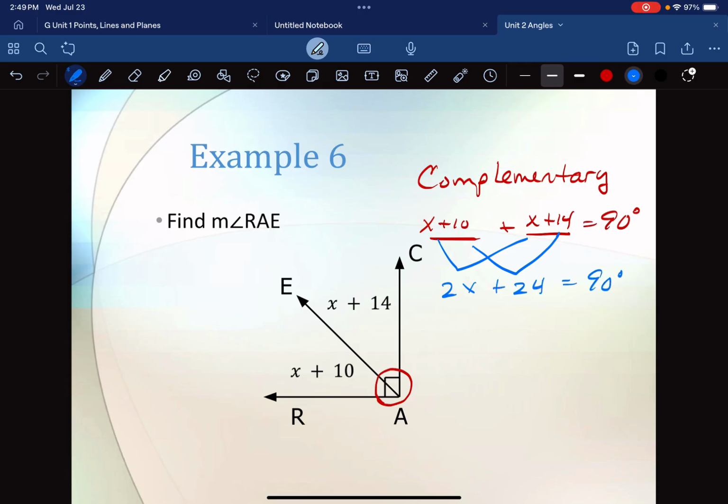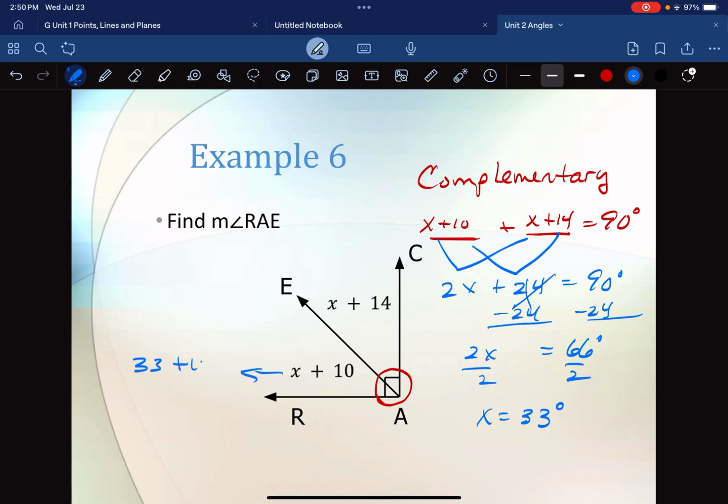So combining our like terms, subtract the 24. 66. Divide 2. And x is 33. So RAE is 33 plus 10, or 43 degrees.